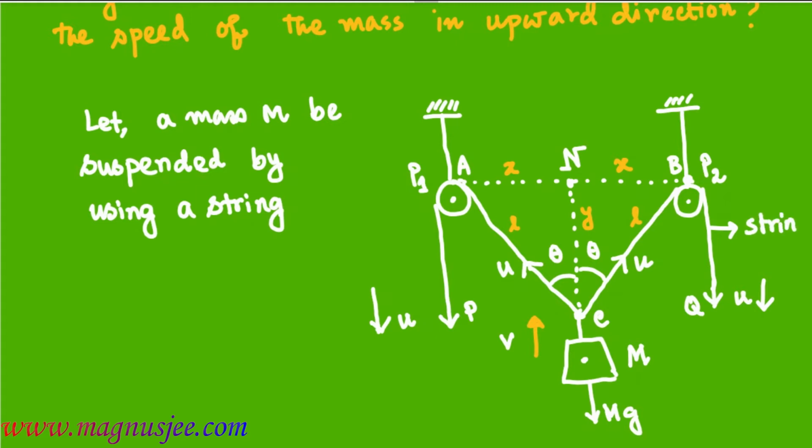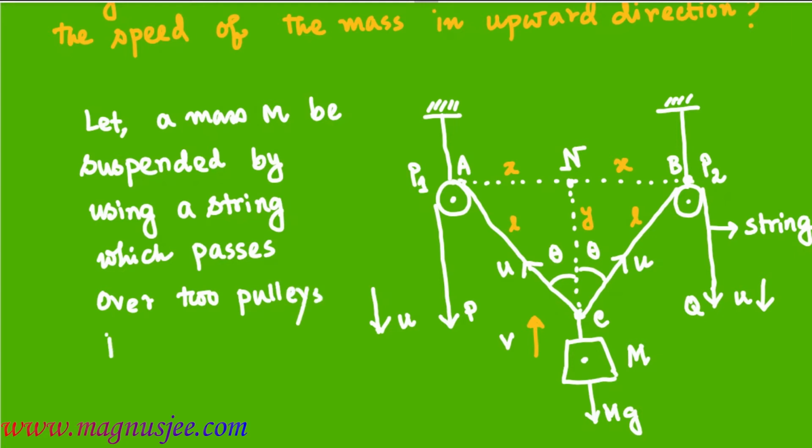This is the string in the diagram, by which the mass M is suspended, and that string is passing over two pulleys P1 and P2 as shown in the figure.